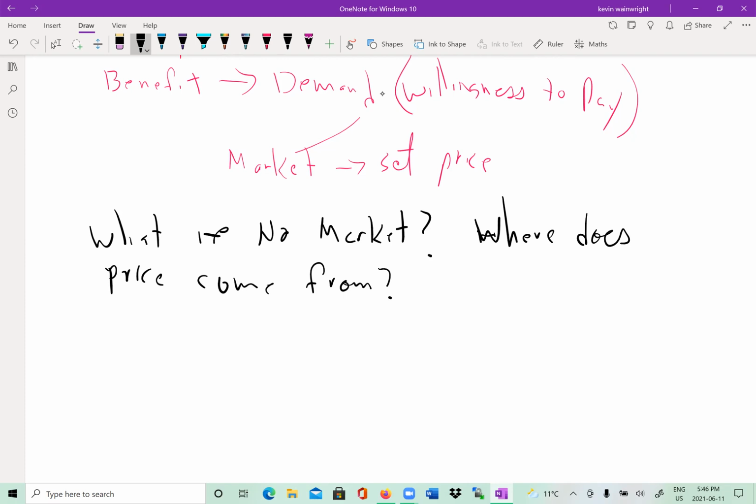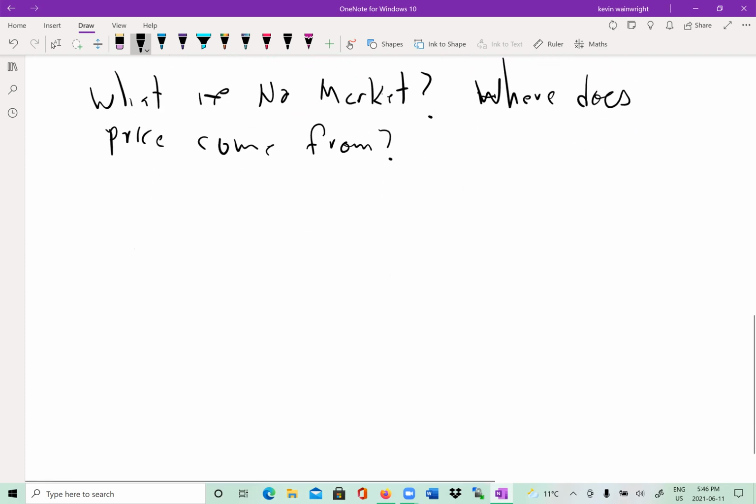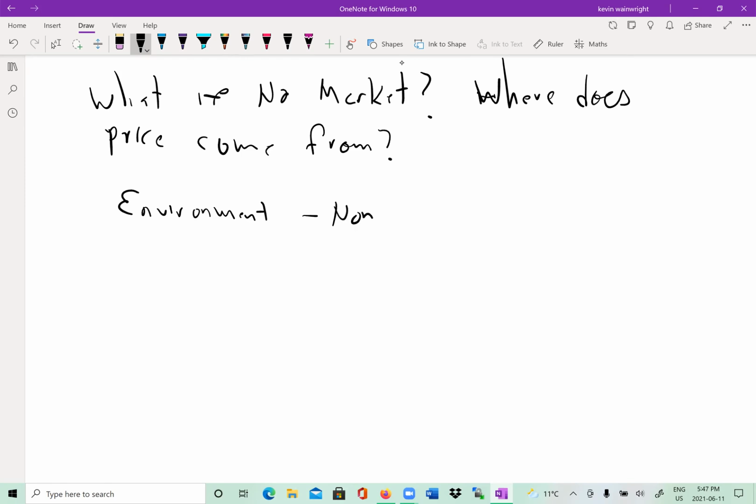So the problem with the environment is that it tends to be made up of a non-market good.